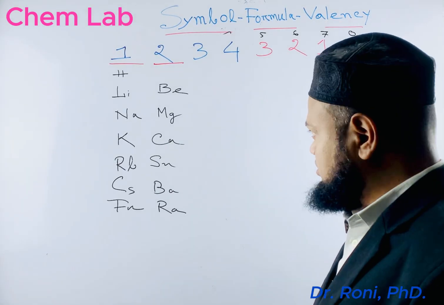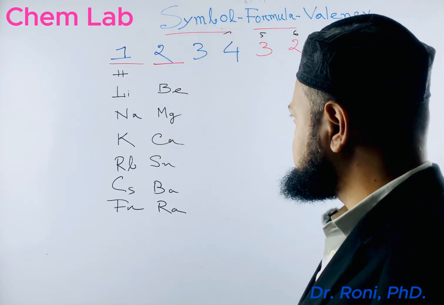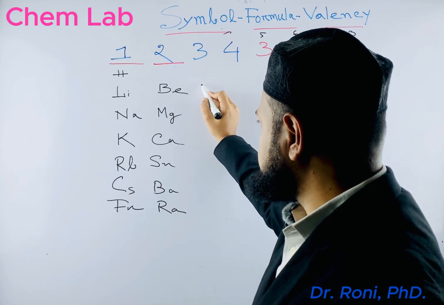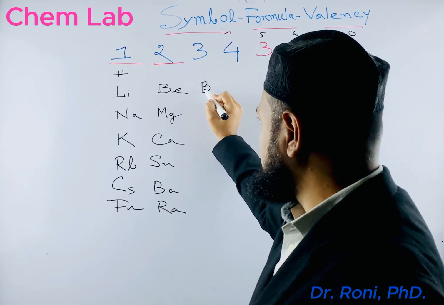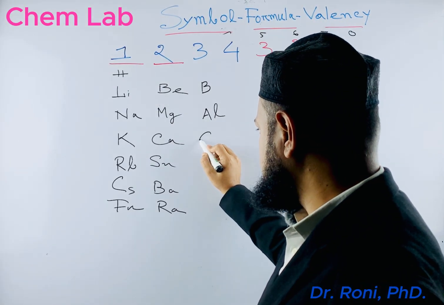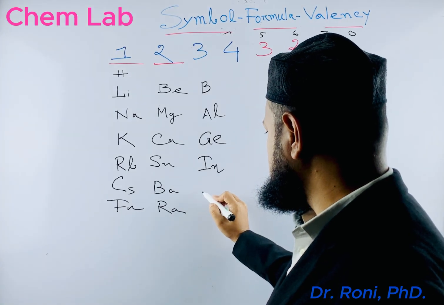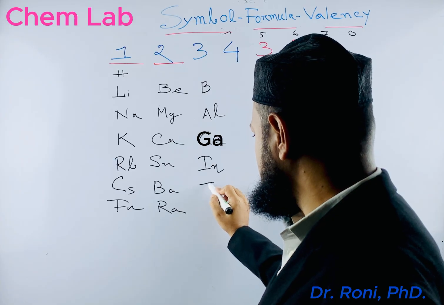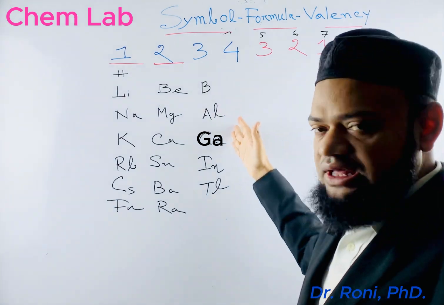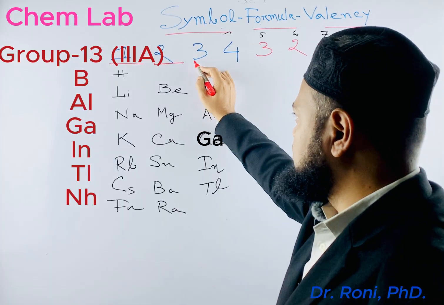So then group 3, all the elements of group 3, their valency is 3.